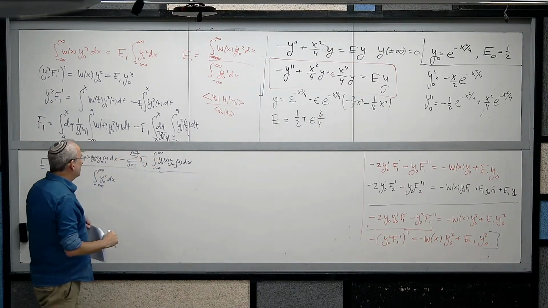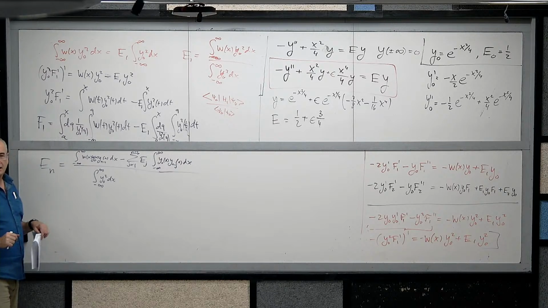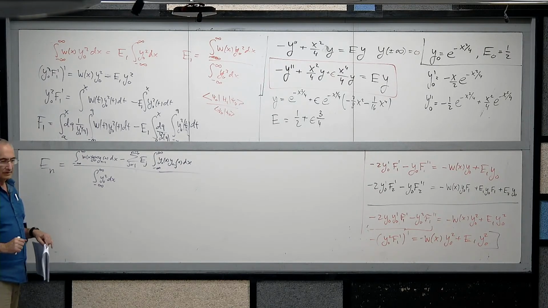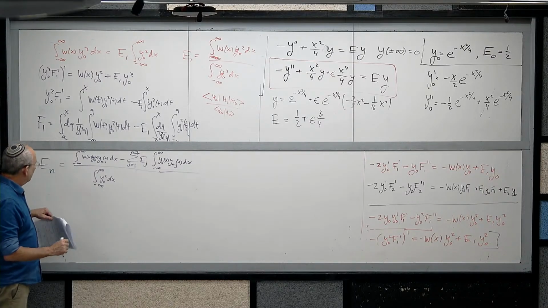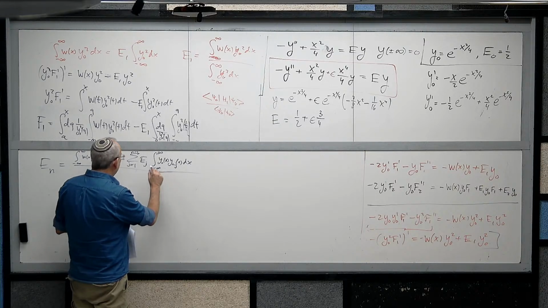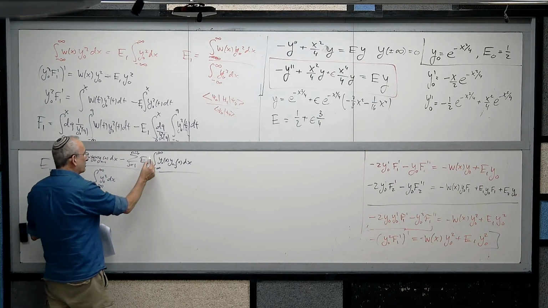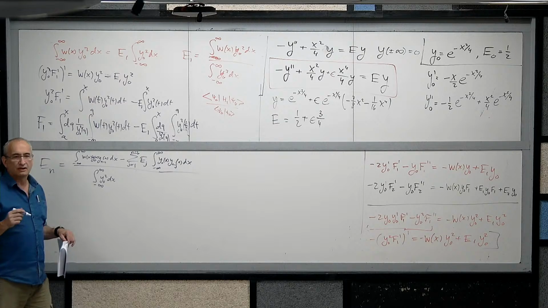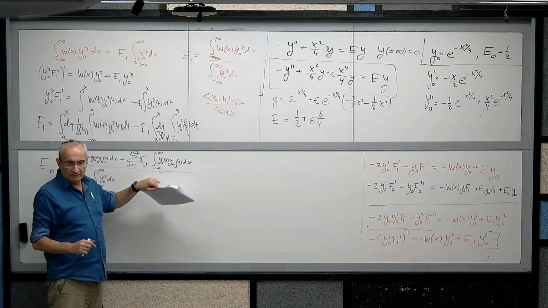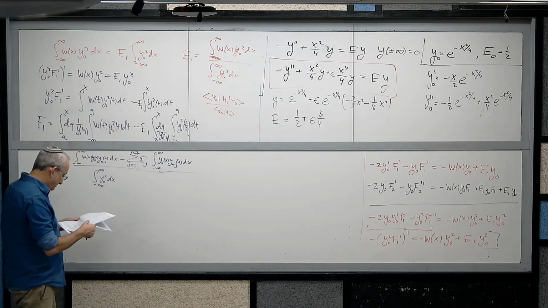This is the general expression. The only thing you have to remember is that you have to implement all the energies, the corrections to the energies that you found until now, and all the wave functions of the lower orders, right?